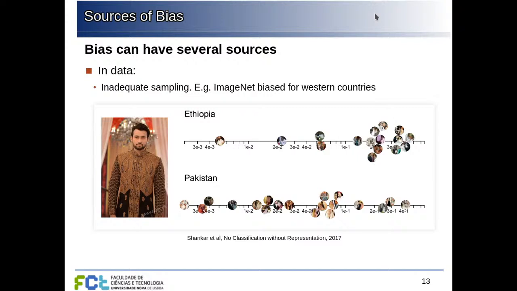So this is an example of bias that results from inadequate sampling in our data. If we are considering the population to be the population of the world, and we collect images only from some particular countries, then we have a sample that is not representative, and if we train our models on that sample, then things will go wrong. And if this is used for some kind of application that has impact on people, then it can lead to unfair results.